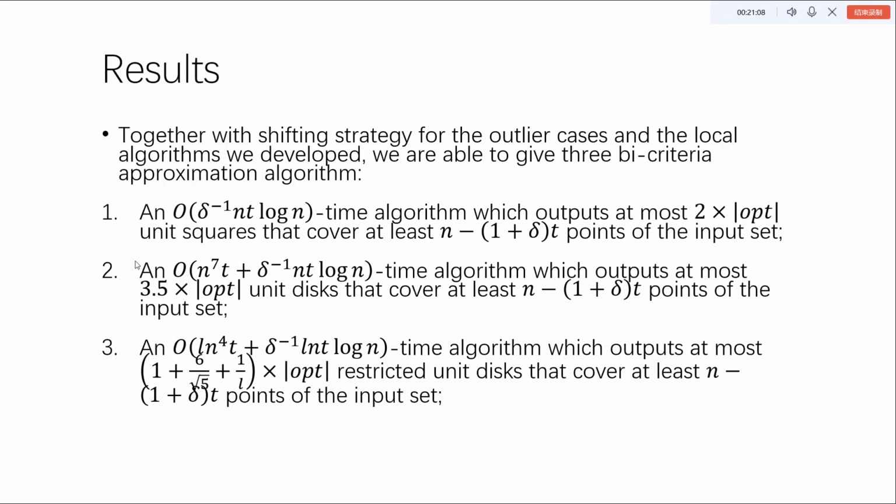Together with a shifting strategy, we first introduce the local algorithm, which is the dynamic programming for unit disks and unit squares on a strip. We are able to give a bicriteria approximation algorithm. The conclusion can be found in the paper. Okay, thank you.